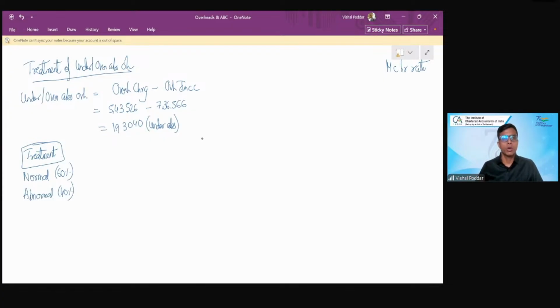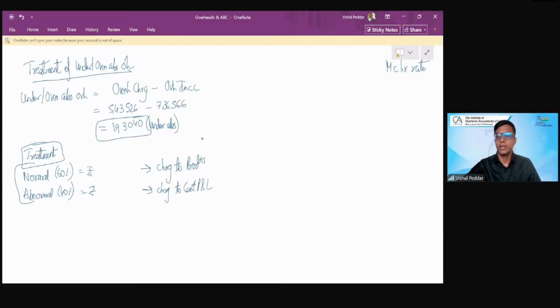So in this case, if the question is like this, though this question is not like this, you will divide this in 60-40. So 40%, 60%. Now this will be charged to products, how that we are going to see, and this will be charged to costing P&L.